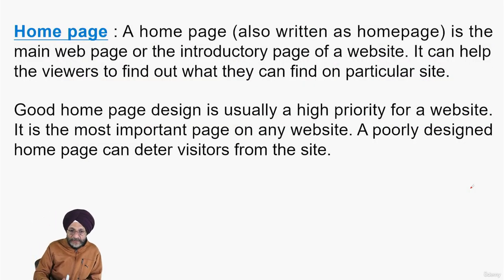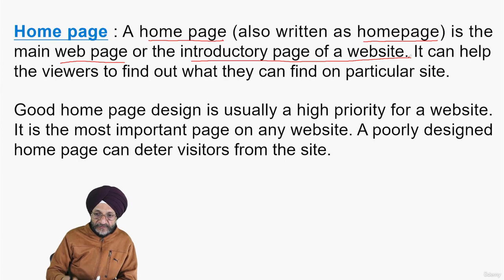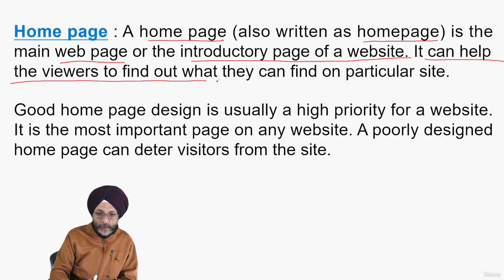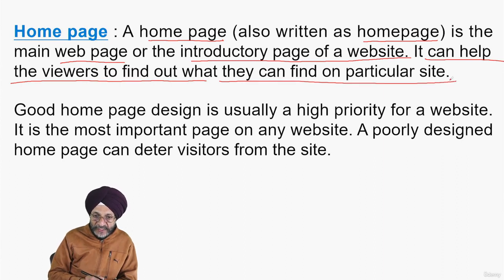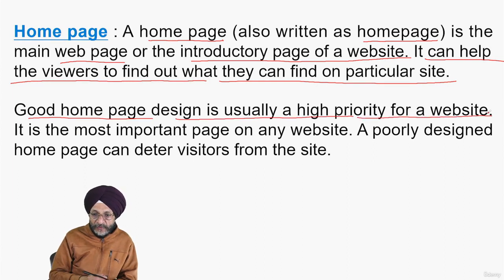Now, home page. Home page can be written this way or this way. It is the main web page or the introductory page of a website. It can help the viewer to find out what they can find on a particular site. Good homepage design is usually high priority for a website.